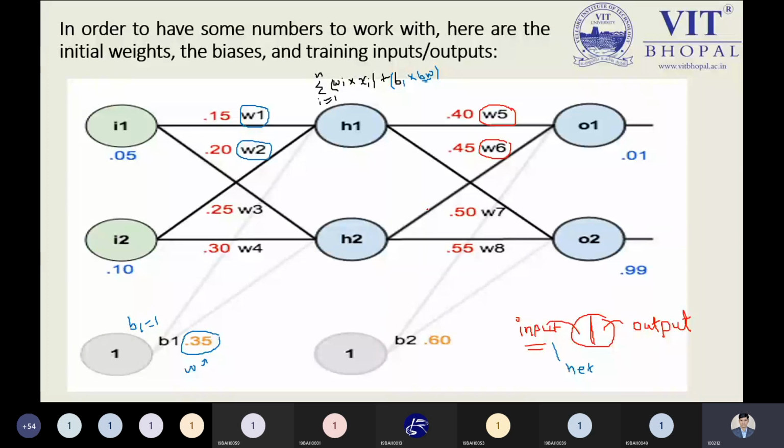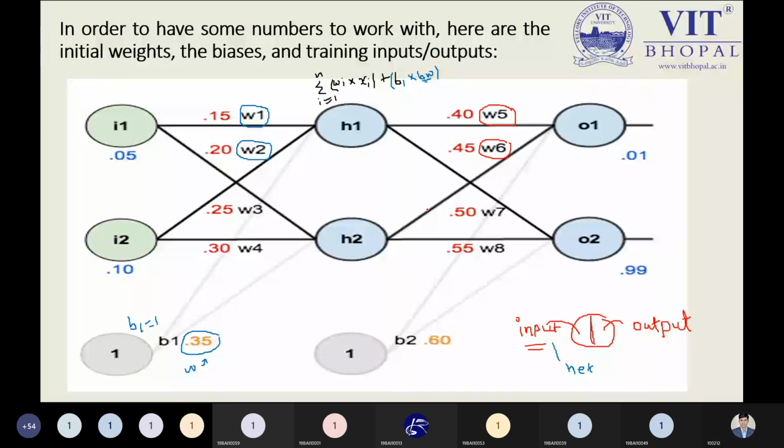First we need to keep in mind which portion we want to use, that is O1 or O2. If I'm choosing the O1 node, the weights connected over here are W5 and W6. We have to choose one of them. Suppose I choose W5 because it contains the minimum value. W5 will be updated first, then W6, then W7, then W8.